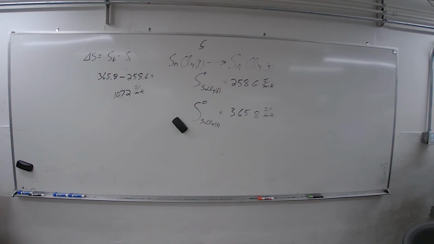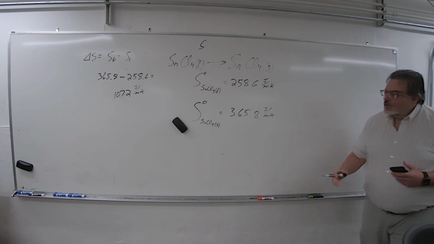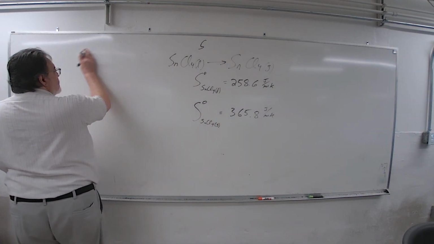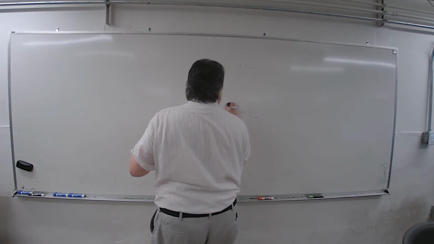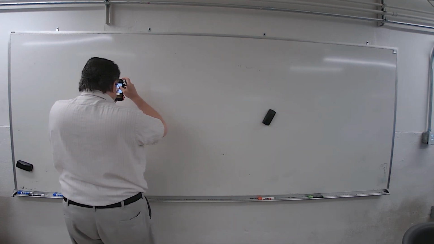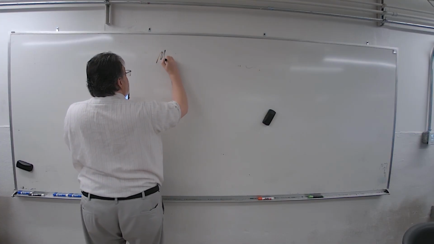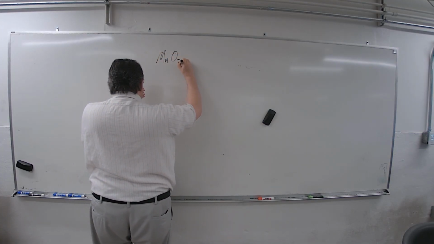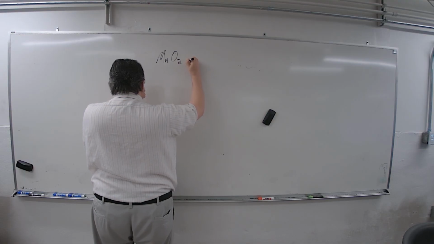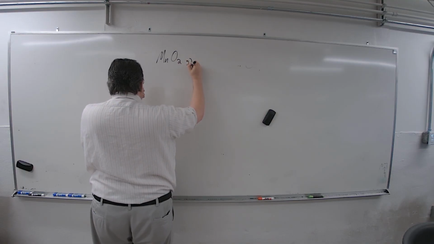And then the other one is the delta G, which is called free energy. I have to finish adding these things, so let's do this one. Number 3. Can you include the solids when you're calculating?